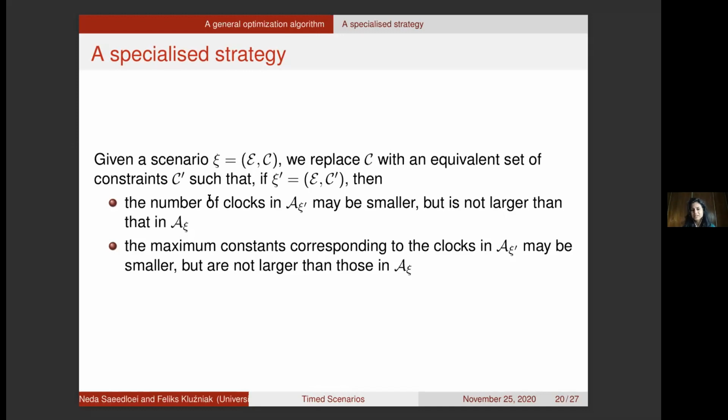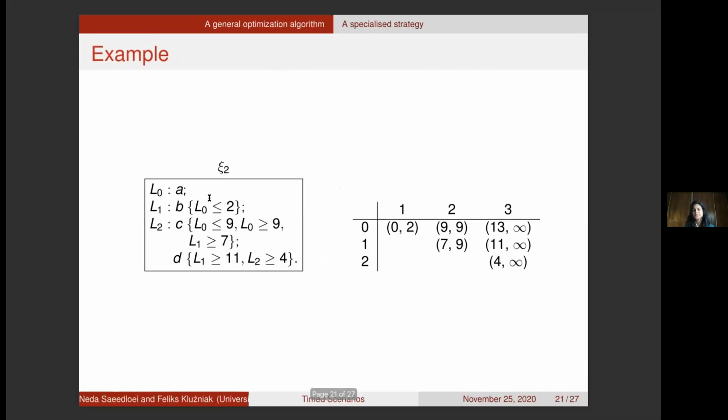And moreover, the maximum constants corresponding to the clocks in A psi prime may be smaller, but never larger than those in the original timed automaton. I will show you the general strategy using an example. So I have this scenario psi 2 along with its stable distance table.